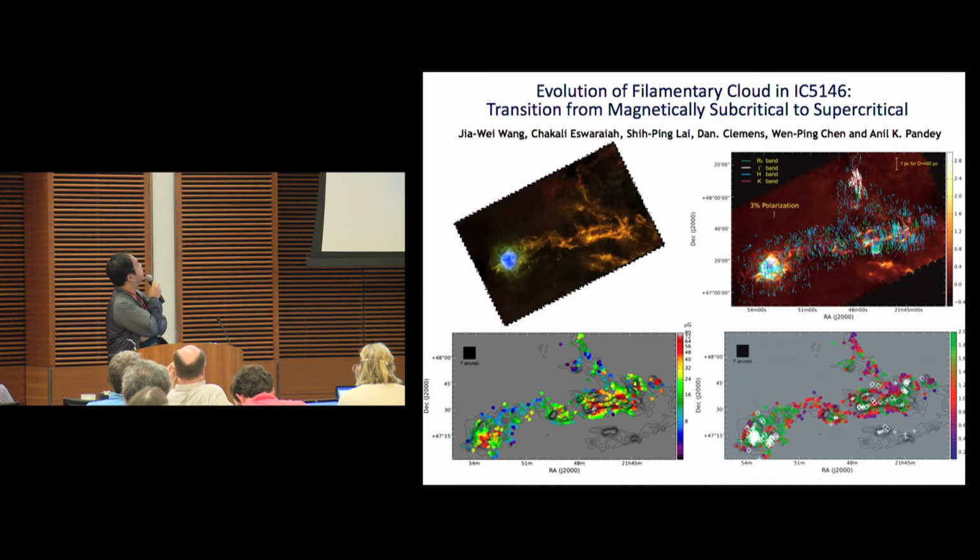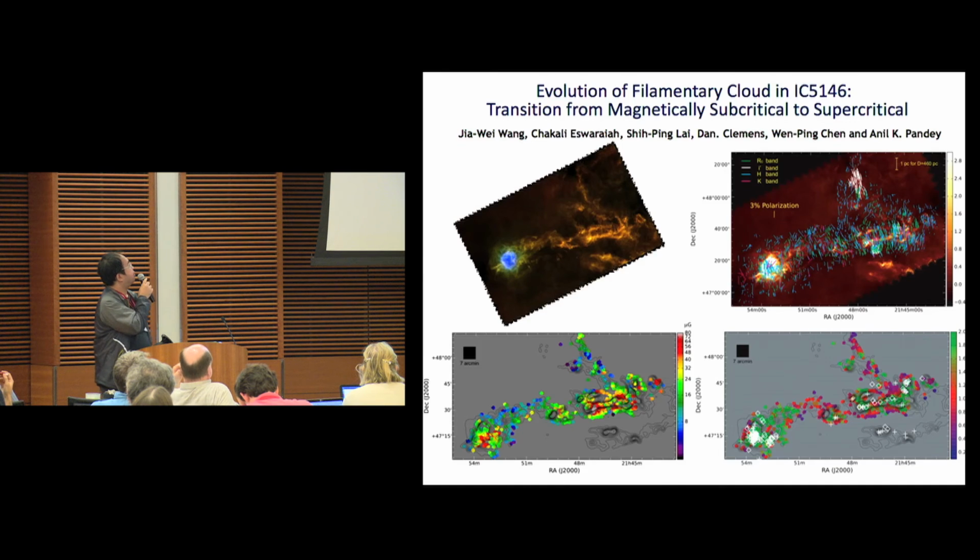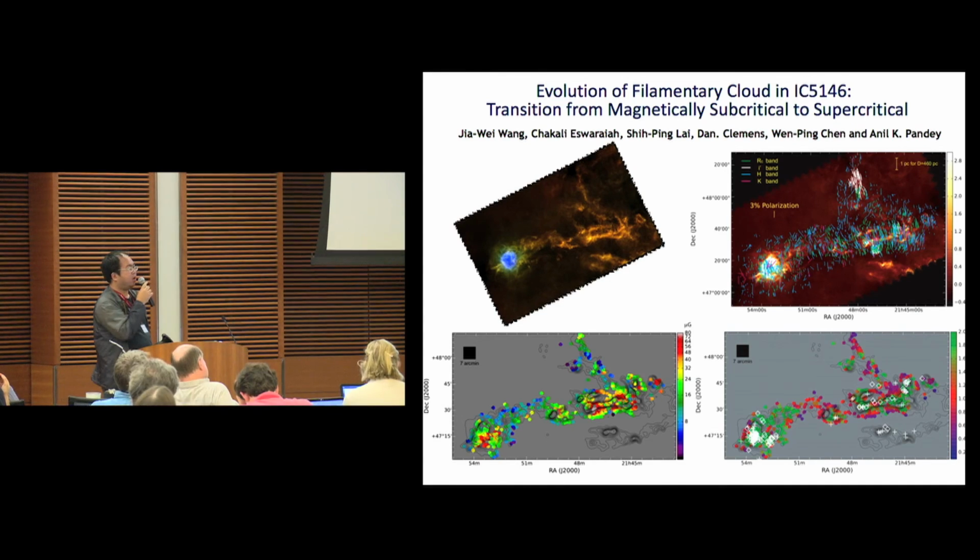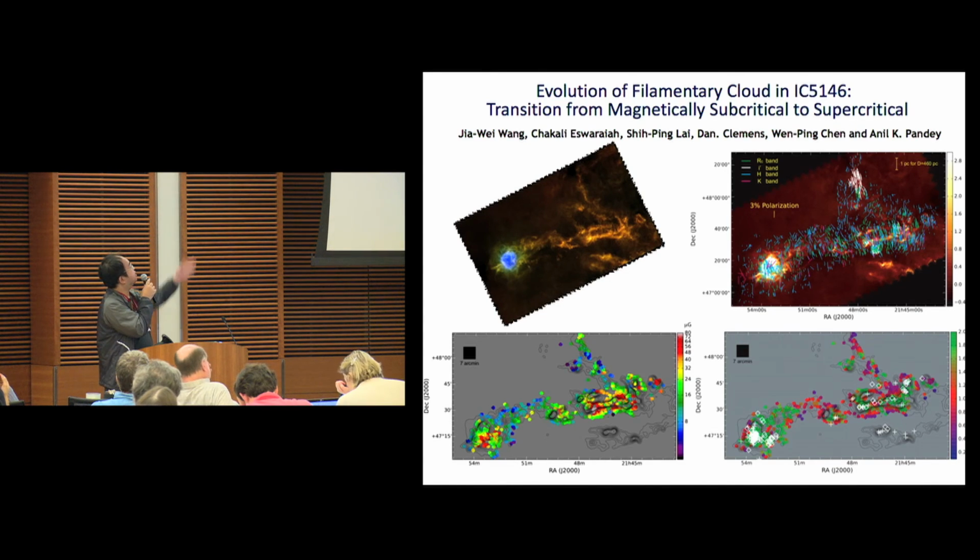Hello everyone, my name is Jia-Wei from Taiwan. We performed optical and infrared polarimetry to study these beautiful filamentary clouds IC5146 seen by Herschel. In this poster, we highlight our estimations using our data to obtain the magnetic field strength using the Davis-Chandrasekhar-Fermi method, region by region.